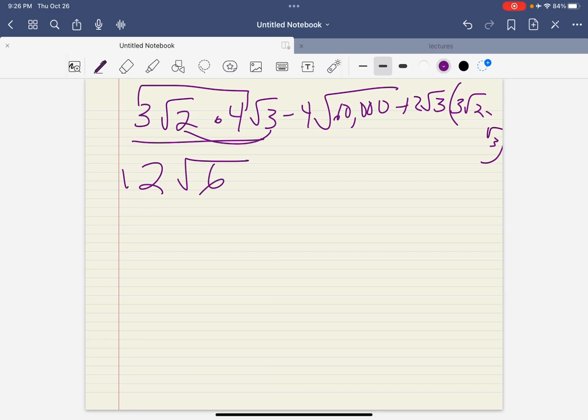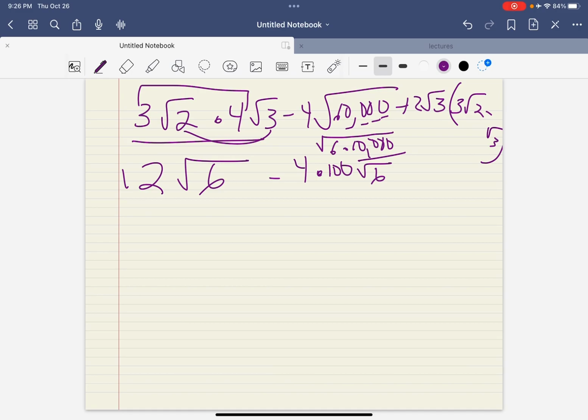So that's just 6 minus 4. There's 1, 2, 3, 4 zeros. So this is the same as saying 6 times 10,000. And the square root of this is you just take half of the zeros. So half of 4 zeros is 2, so this would be times 100, and then the square root of 6 stays underneath.